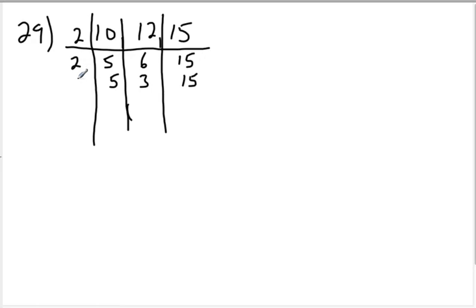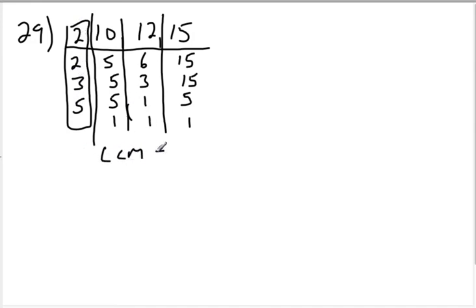Can't use 2 anymore, so we'll do 3. And we can't use 3 anymore, so we'll go to 5. And that's it. So it'll be 15 times 2 is 30 times 2 is 60. So the LCM equals 60 in this case.